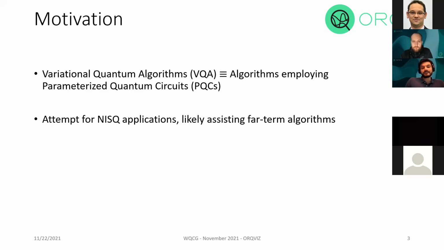VQAs are our attempt at making quantum computers useful as soon as possible on noisy intermediate scale quantum devices. So usually you employ your parameterized quantum ansatz with a loss function that might be Hamiltonian energy, that might be a classical loss function, depending on your task.